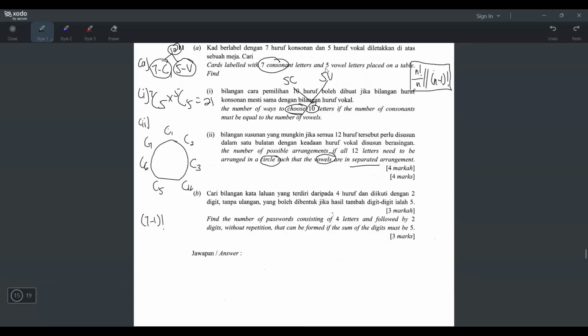But then they said the 5 vowels have to be separate, right? So let's count how many gaps there are between them. I'll use red color. We have 1 gap, 2, 3, 4, 5, 6, 7.